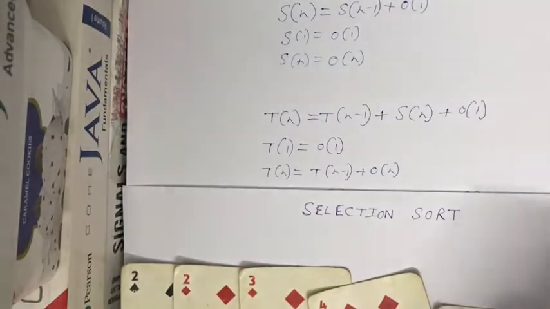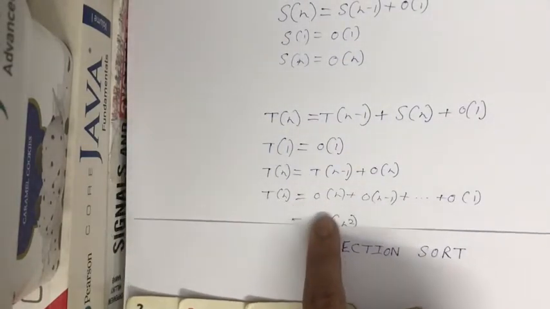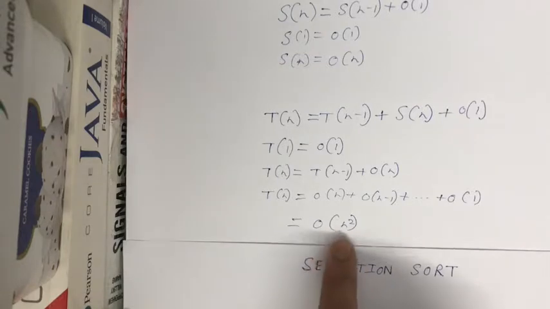And T(1) = O(1), because if we have only one element in the array, it is already sorted. Solving this, we find out that the time complexity is O(n squared). And with that, we complete our selection sort.